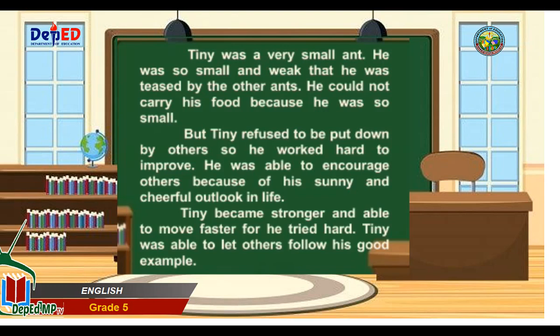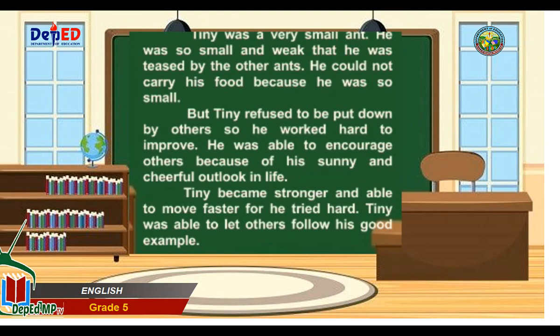But Tiny refused to be put down by others, so he worked hard to improve. He was able to encourage others because of his sunny and cheerful outlook in life. Tiny became stronger and able to move faster for he tried hard. Tiny was able to let others follow his good example.